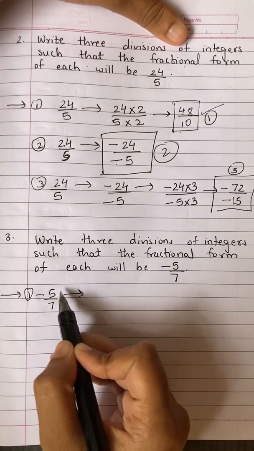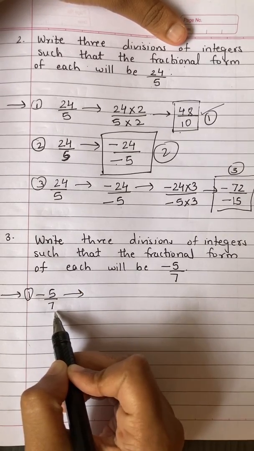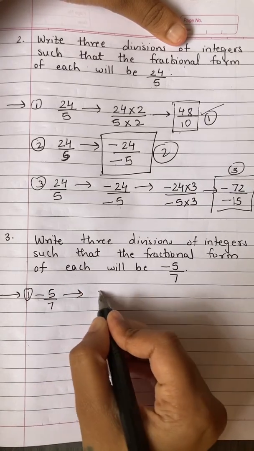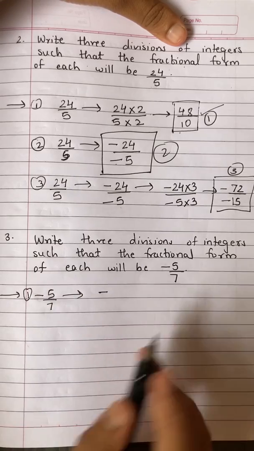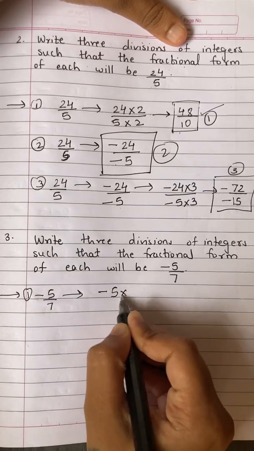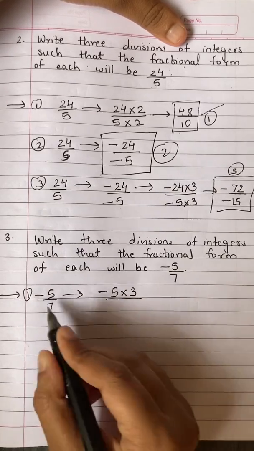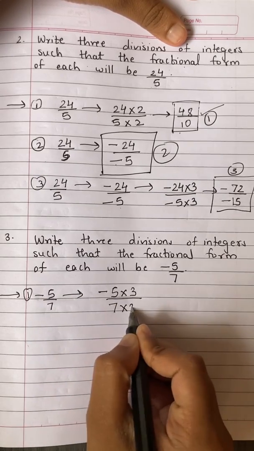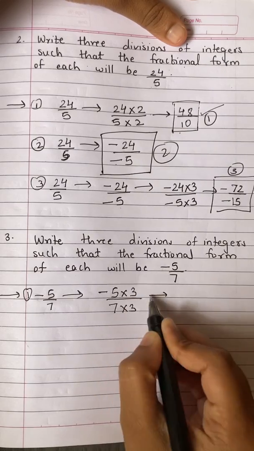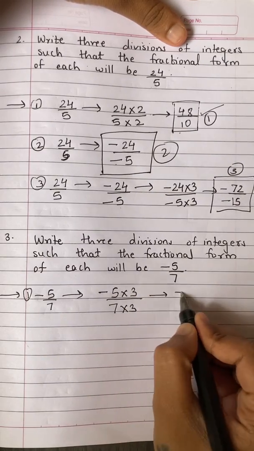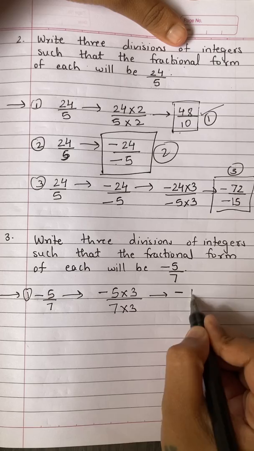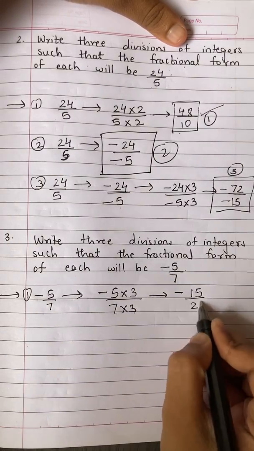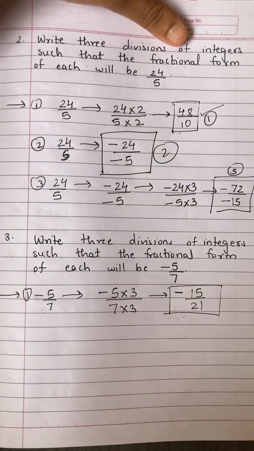If I multiply the numerator by 3, the denominator also I have to multiply by 3, and keep the given fraction the same. The minus sign I'll keep as it is. I will not change that minus sign. So 5 into 3 with the minus sign which was already there, and the denominator 7 also multiplied by 3. 5 3s are 15, 7 3s are 21. So we get this first answer.